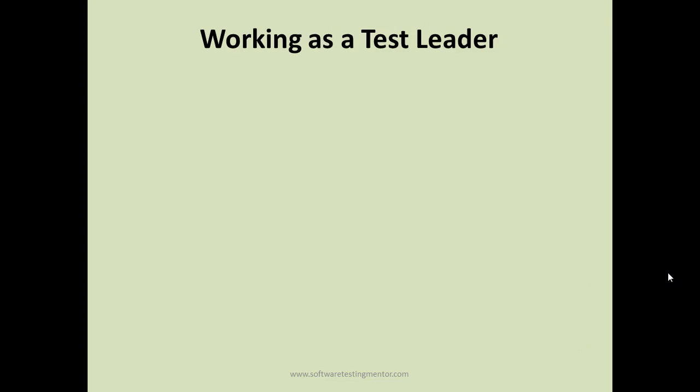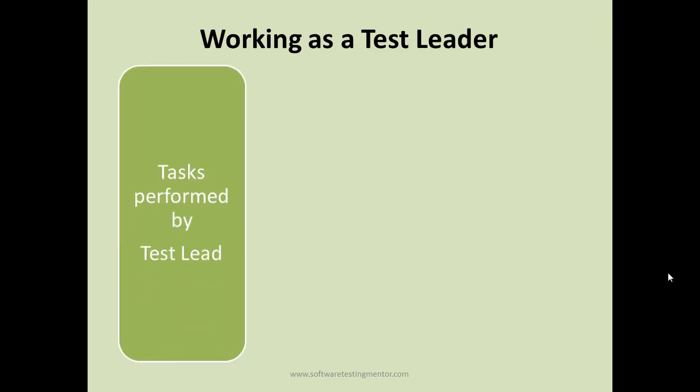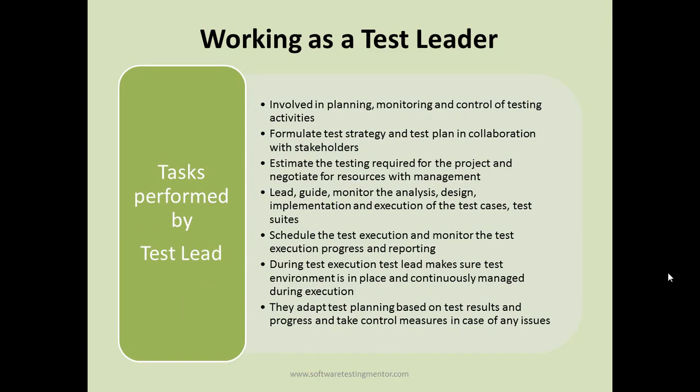Now, what are the roles that you need to perform if you're working as a test leader? The tasks performed by the test lead: the test lead is mostly involved in planning, monitoring and controlling of testing activities. Whenever testing starts, he has to write the master test plan and individual test plans for specific phases of testing.